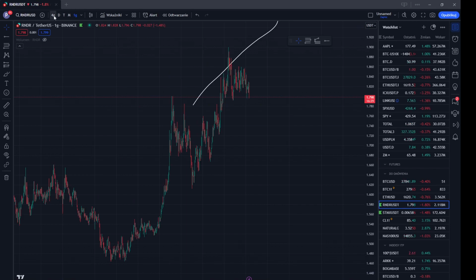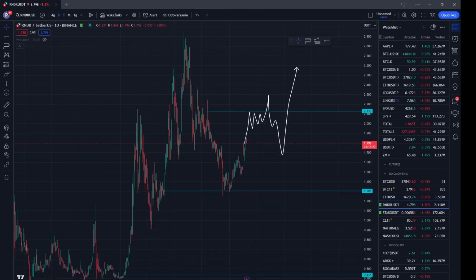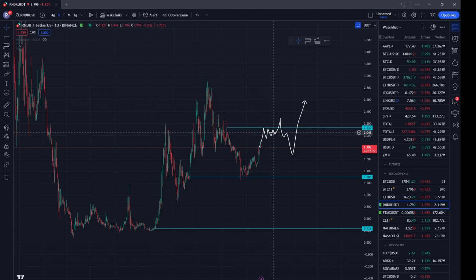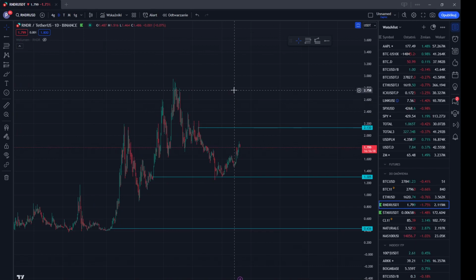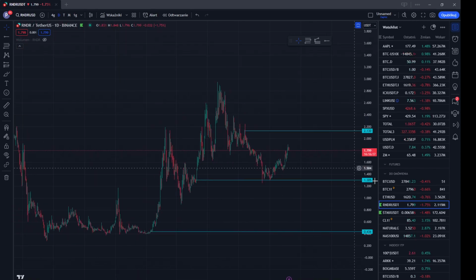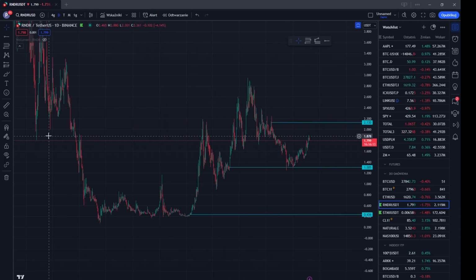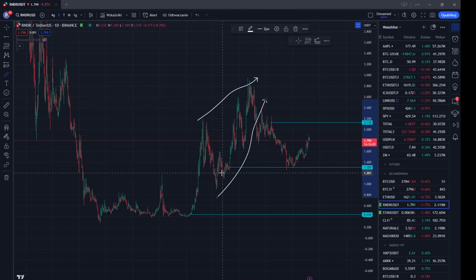This works well together with some of the alts, and I said I see that they could run up hard. And what I mean by this is, for me, Rndr for example, we had a very clear impulse up, in the form of a diagonal.